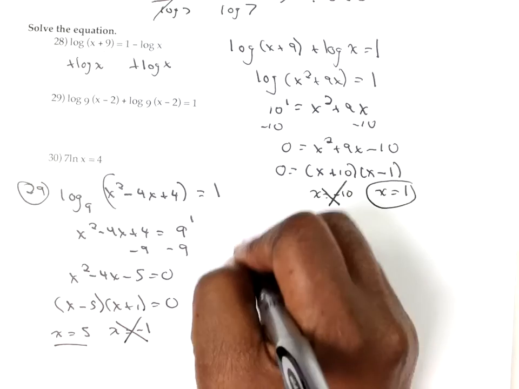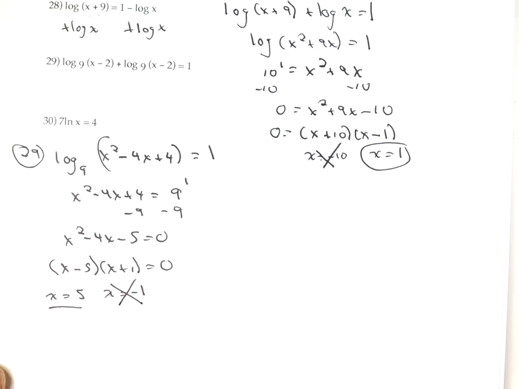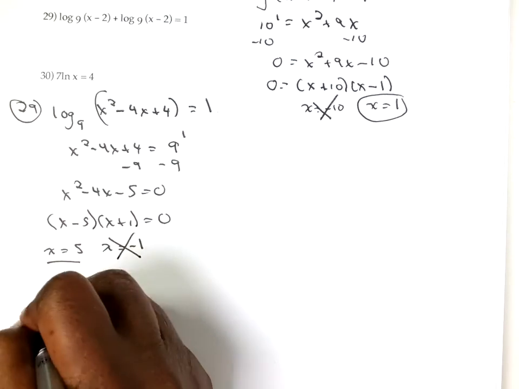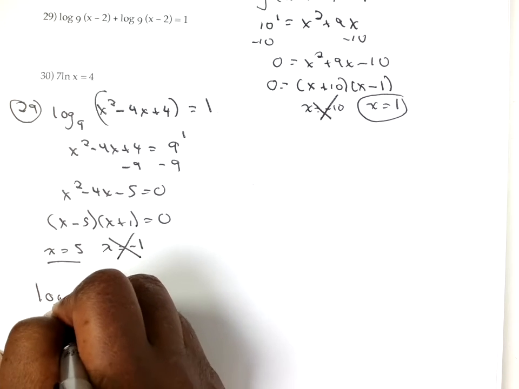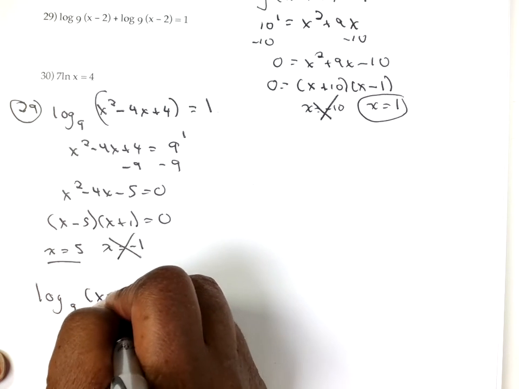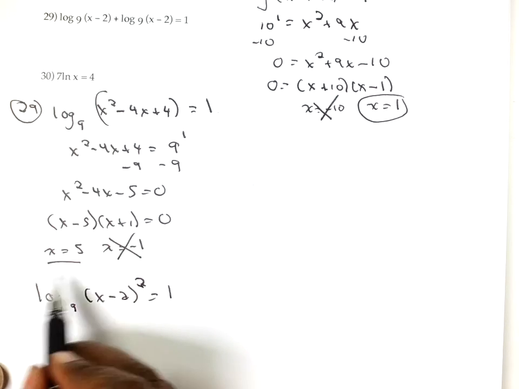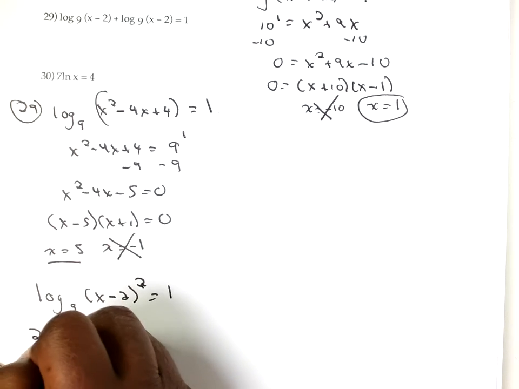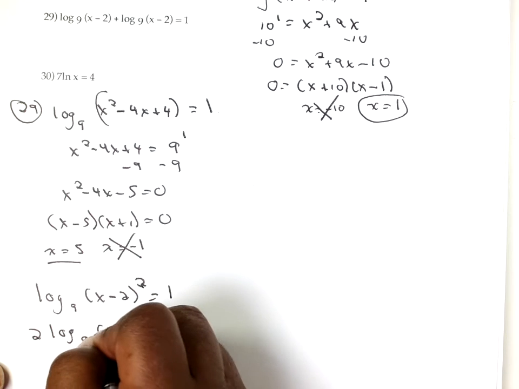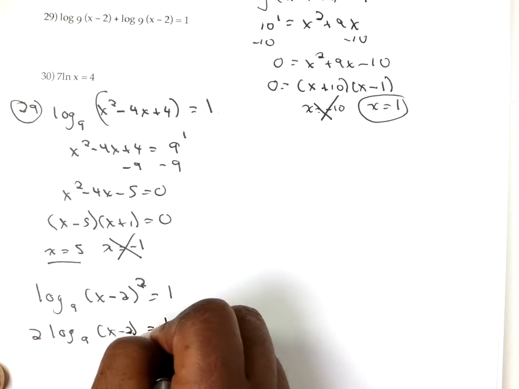So what I was saying, that what I could have done is, when I put it together, I could have just left it as x minus 2 squared is equal to 1. Then I could bring the 2 out front. And divide.